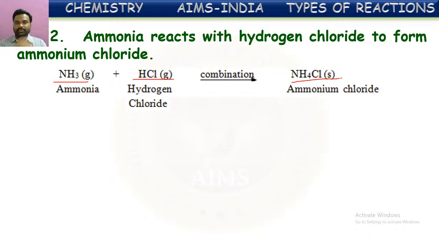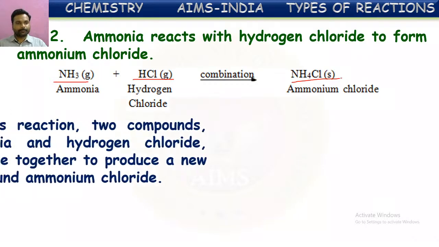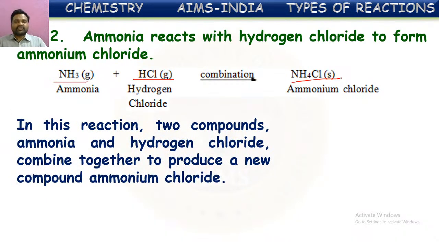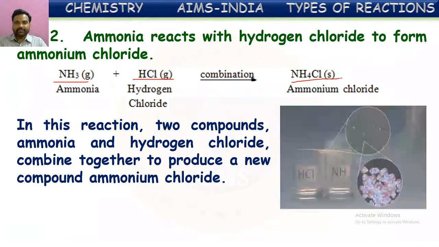In the previous example, two elements combined to form a new compound. In this example, ammonia and hydrogen chloride, two compounds, combined to produce a new compound, ammonium chloride.